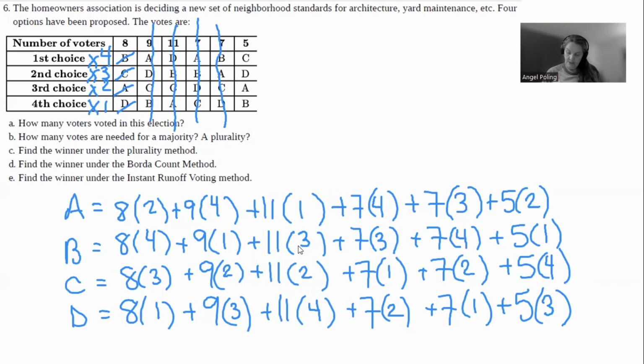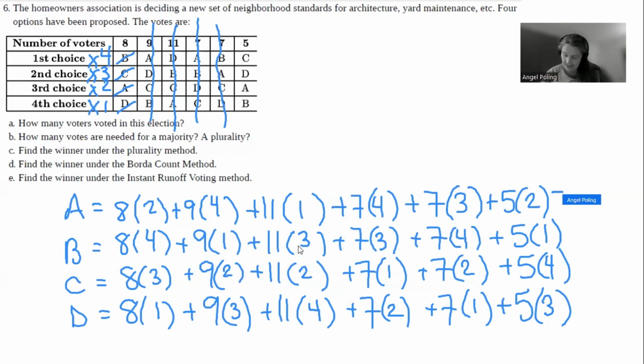Now I'm going to do my own double check. 2, 4, 1, 4, 3, 2, 4, 1, 3, 3, 4, 1, 3, 2, 2, 1, 2, 4, 1, 3, 4, 2, 1, 3. Check, check.